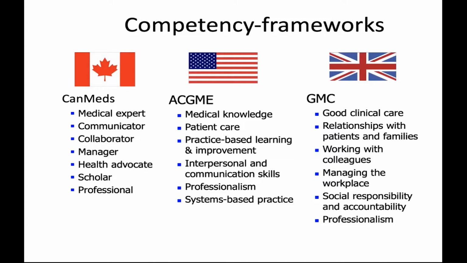The middle one is from the States, and the third one from the UK. And there are many more. Interestingly, these competency frameworks are very, very similar. And they have been built with a lot of stakeholder input, looking at what the labor market needed in terms of skills from a medical doctor.